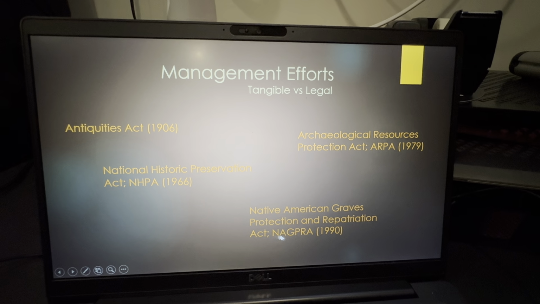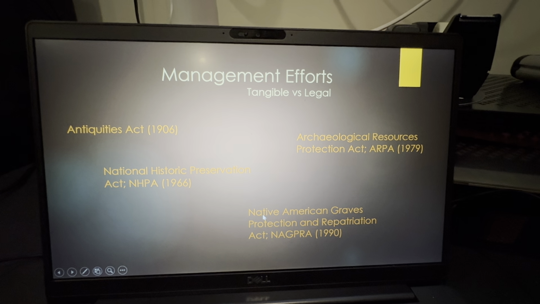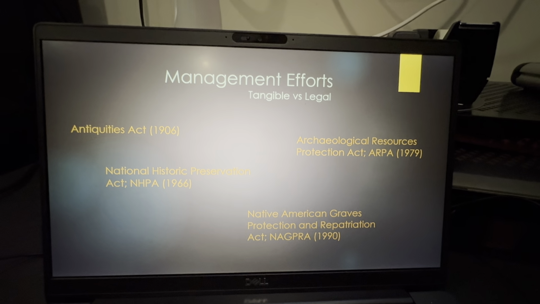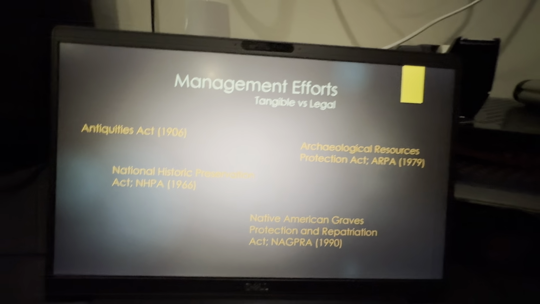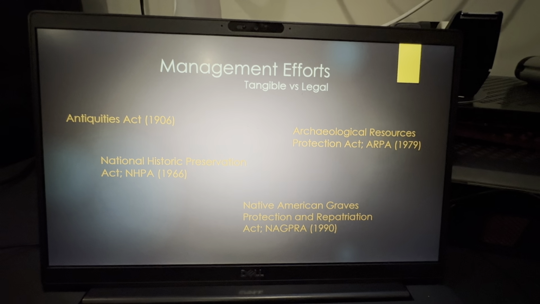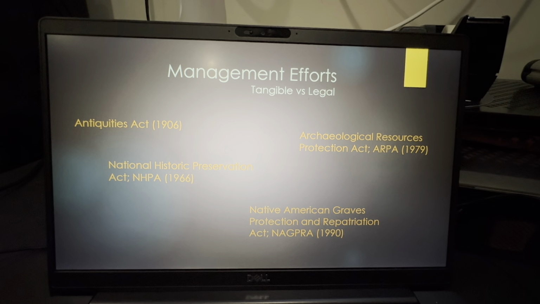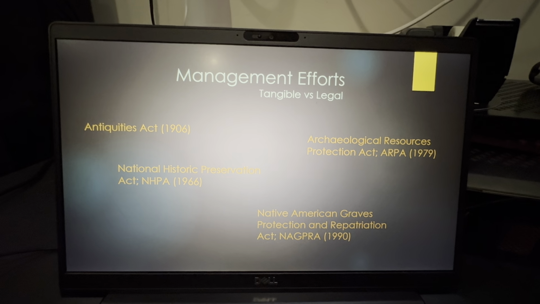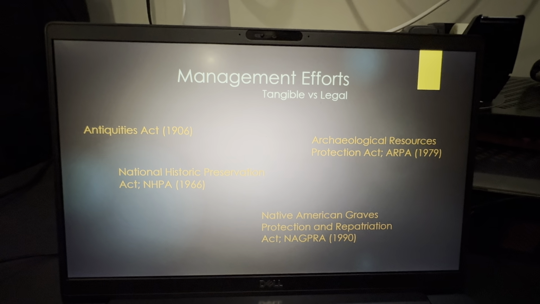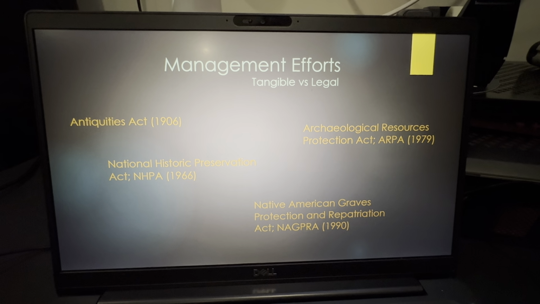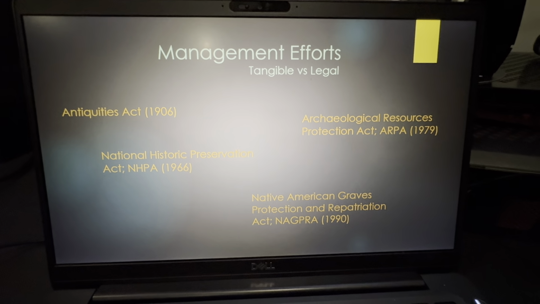And then last but not least, we have the NAGPRA law, which stands for Native American Graves Protection and Repatriation Act. This is basically an act that requires federal agencies to return cultural artifacts and human remains to their tribes of which they belong.